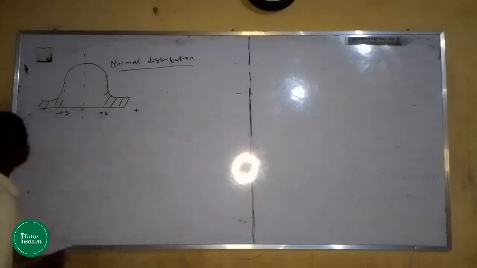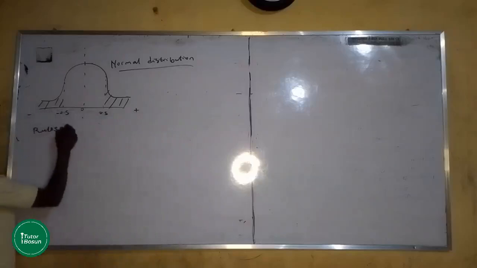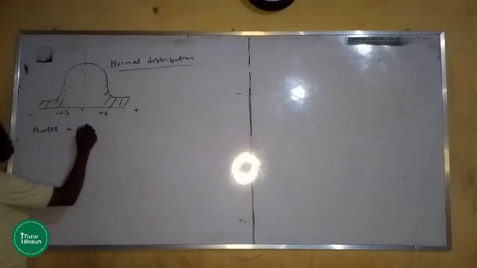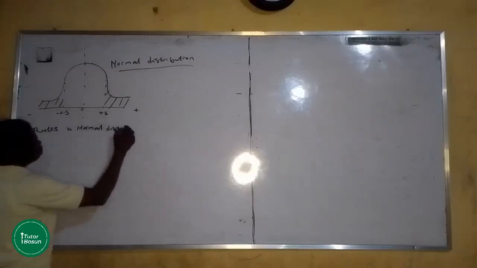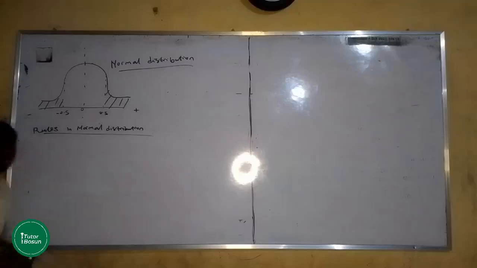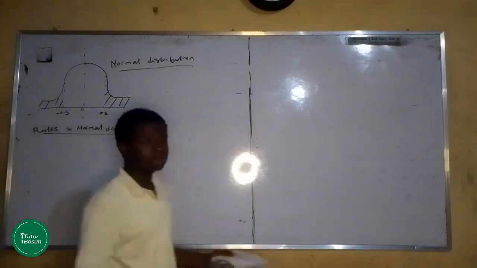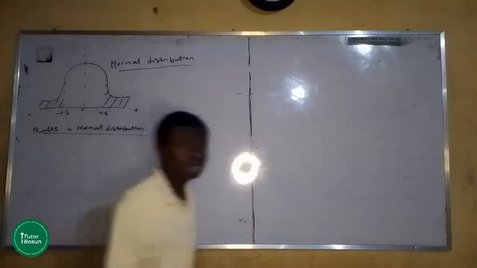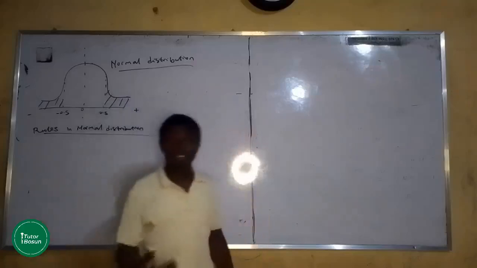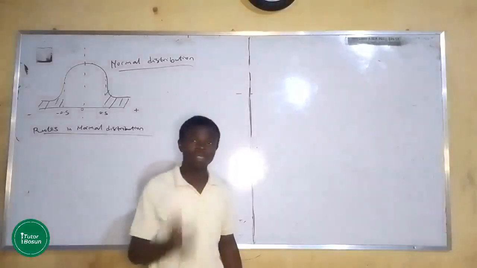So what are the rules we are going to be applying when we are solving problems under normal distribution? As I have told us, the only thing guiding normal distribution is your normal statistical table. Any problem you want to solve under normal distribution, you're going to be making use of a particular table, which is your normal distribution table.